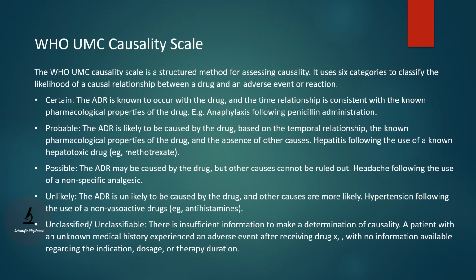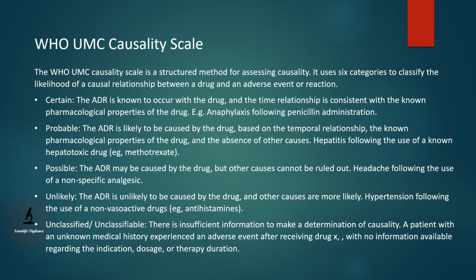An instance of this is hepatitis following the use of a known hepatotoxic drug, for example methotrexate. The possible category suggests that the adverse event might be attributed to the drug, yet other potential causes cannot be conclusively ruled out. An example here is a headache occurring with a non-specific analgesic.